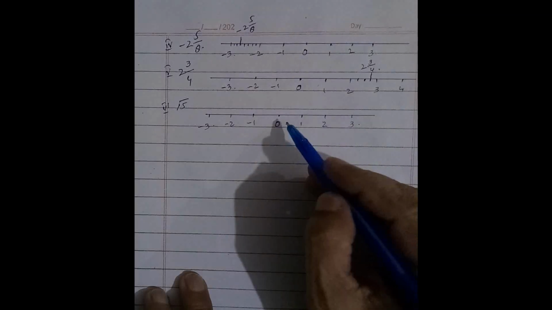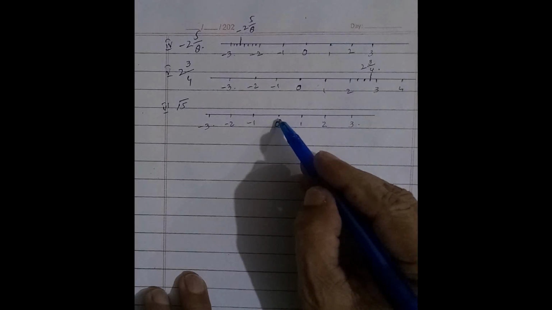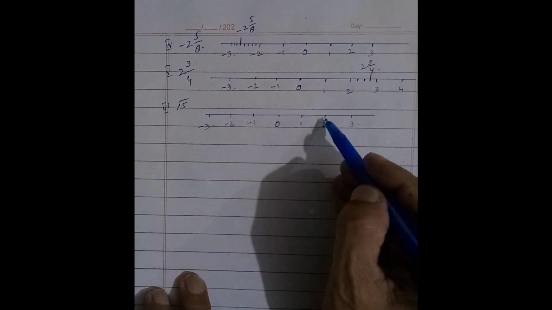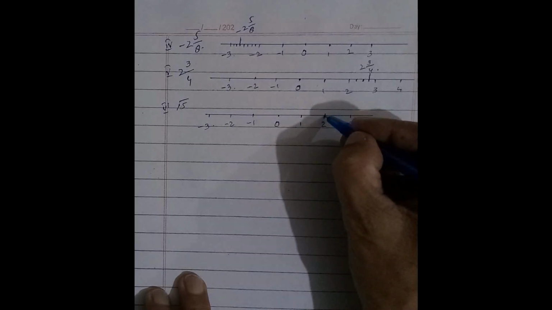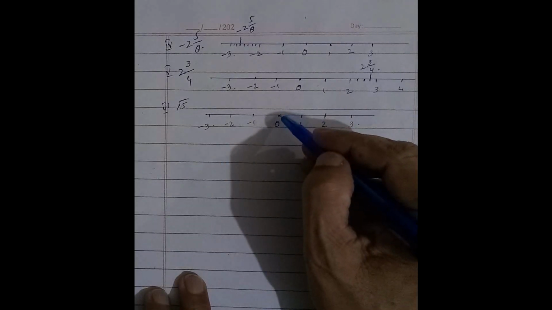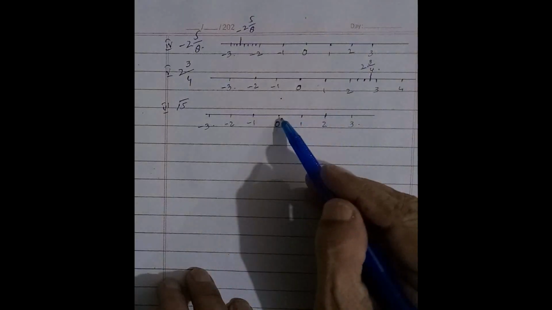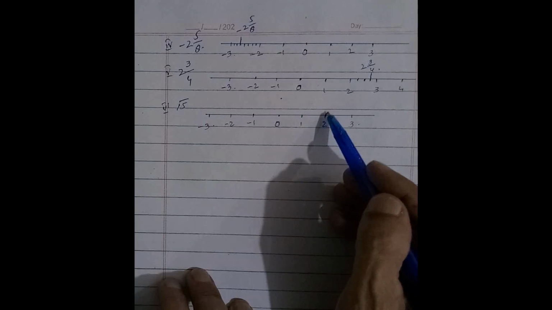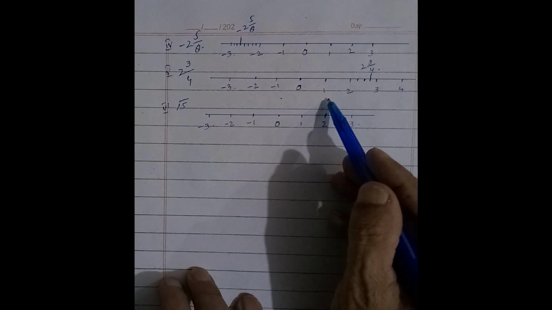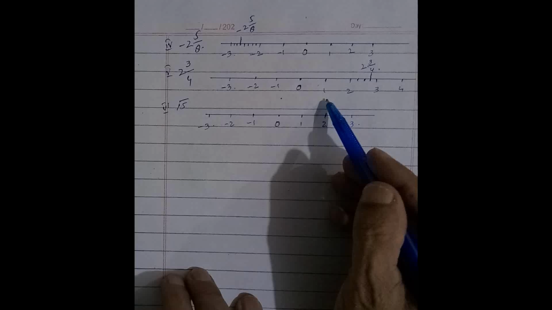We take the base 2, which is 0, 1, 2. And on the other side, on the y-axis, we take 1. And we know that by Pythagoras, base squared plus perpendicular squared is equal to hypotenuse squared.